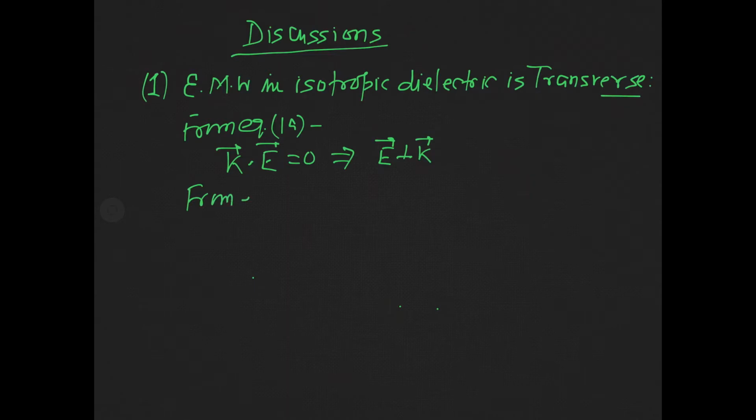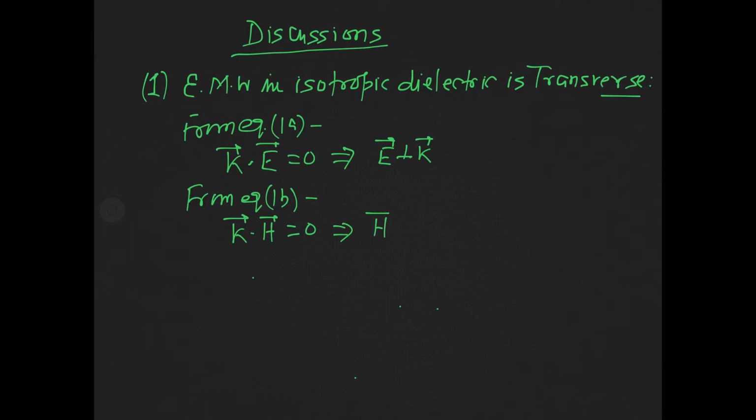And similarly, from equation 1b, this equation states that k dot H is equal to 0.